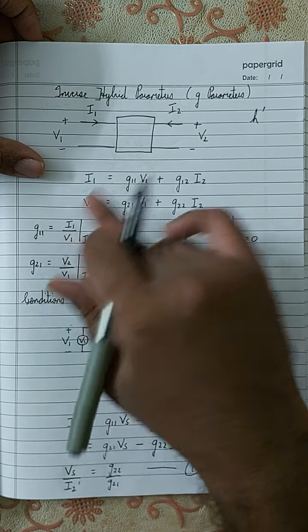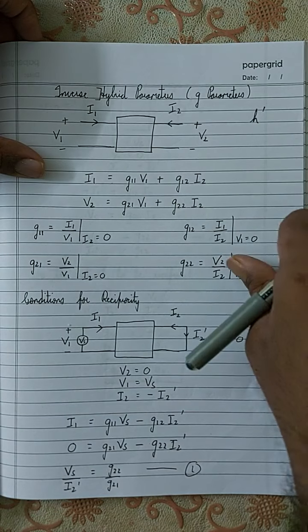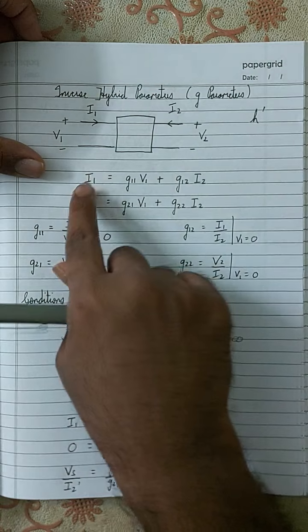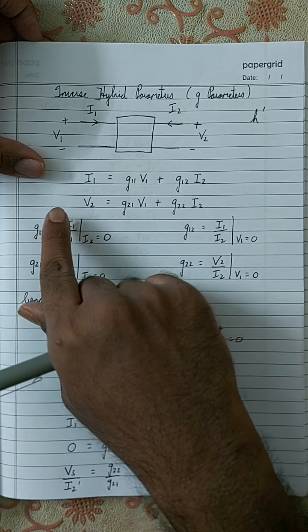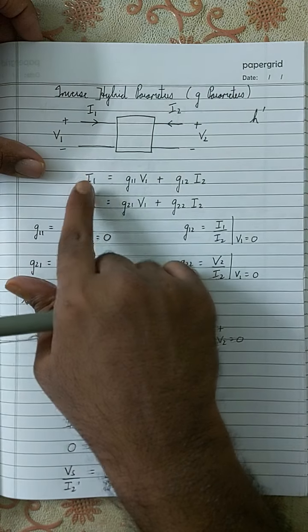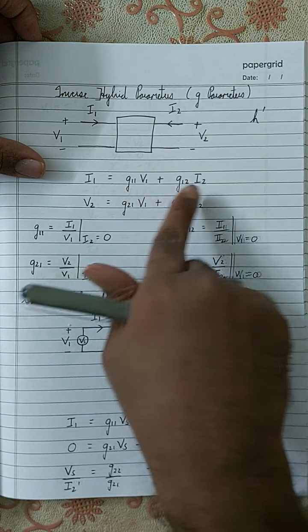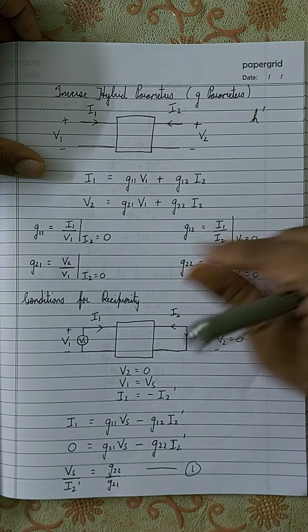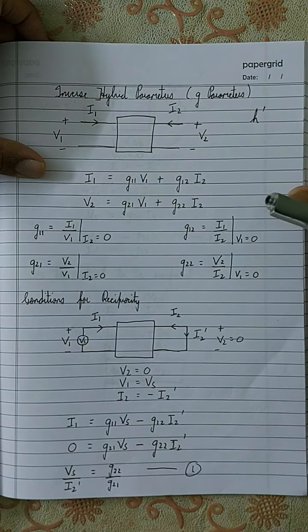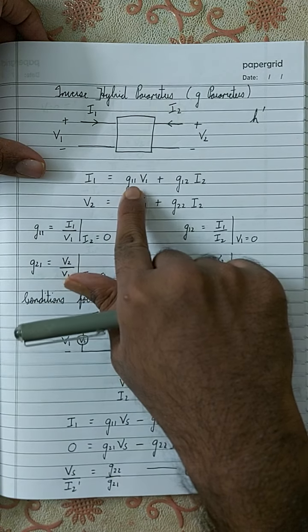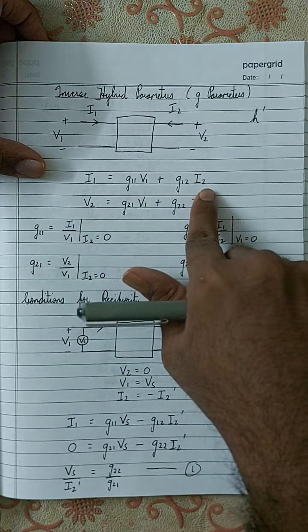Inverse hybrid parameters mean expressing I1 and V2 in terms of V1 and I2, that is, I1 in terms of V1 and I2, and V2 in terms of V1 and I2. So the equation is I1 is equal to G11 V1 plus G12 I2.